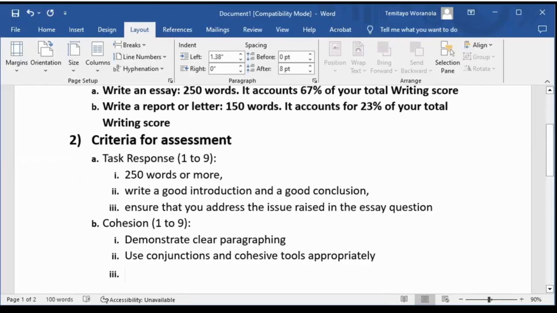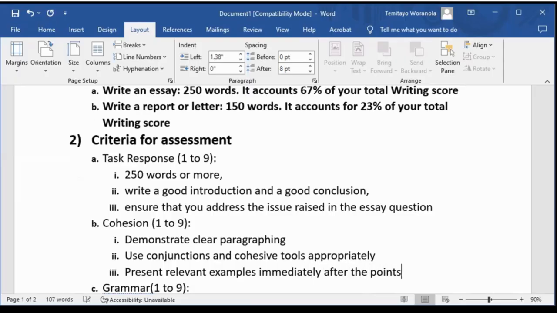Use conjunctions and what? Cohesive tools appropriately. Number three, present relevant examples immediately after the points connected to those examples.